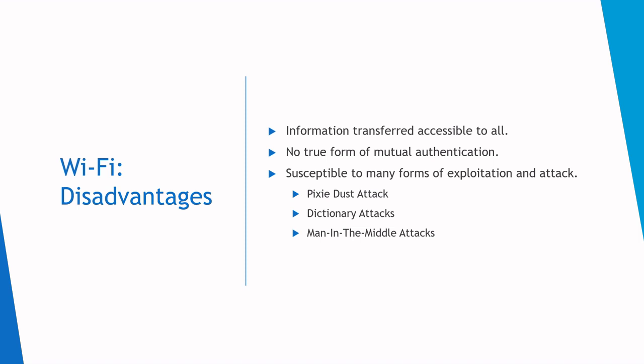There's also no true form of mutual authentication, which means any device connecting to an AP has no way of knowing that the AP is the AP they are trying to connect to, and vice versa. The access point will never know if the device that is trying to connect to it is the actual device that it says it is. This type of vulnerability is only prevalent in home networks, as there is no EAPOL authentication.